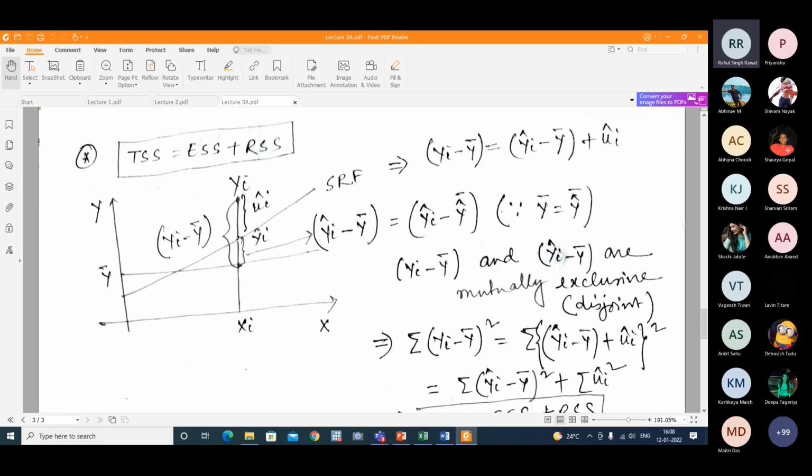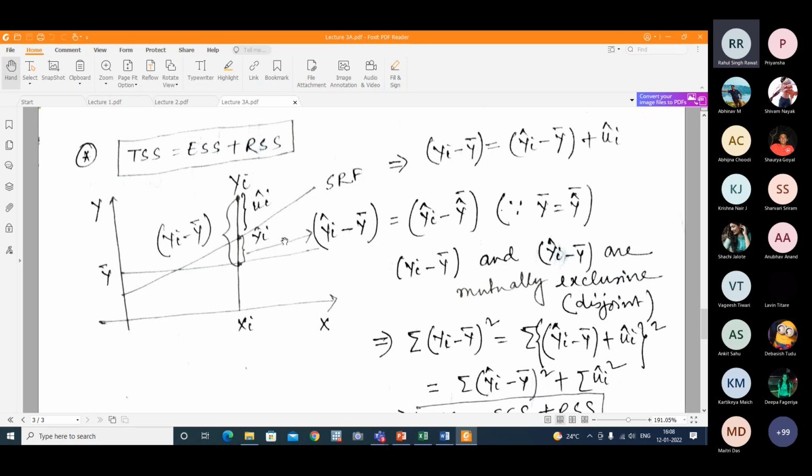This segment is captured by the estimated regression line. And this segment is not captured by the estimated line because the estimated line passes through this point Y hat i. So if you see this total deviation, partly it is explained by the line, partly it is not explained, which is the residual, this Yi minus Y hat i.